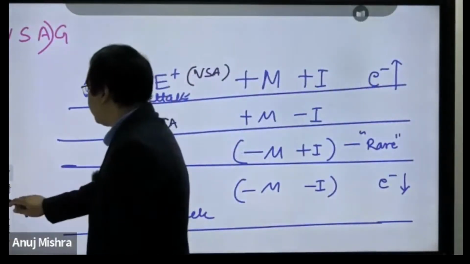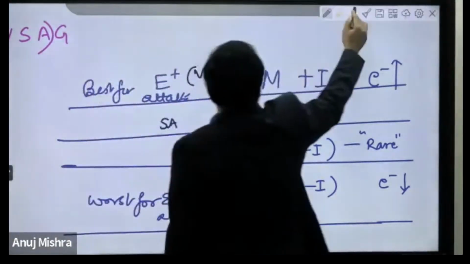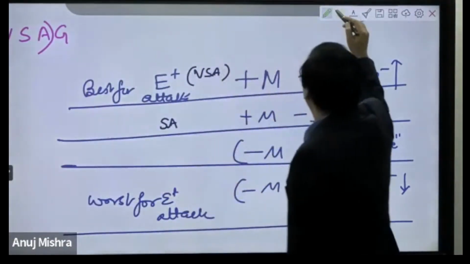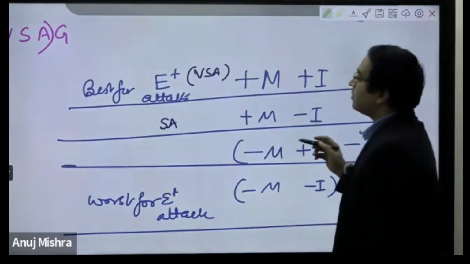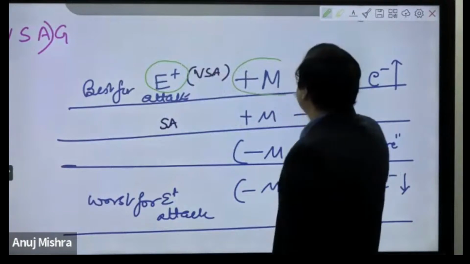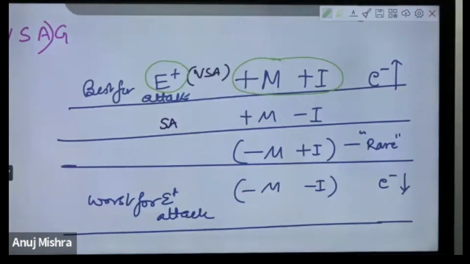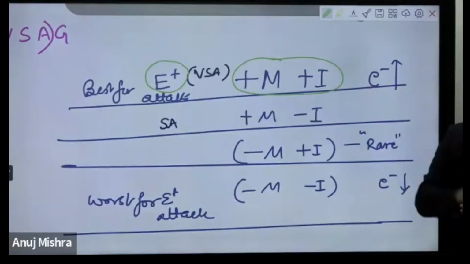What is the meaning of very strong activator? The meaning is simple: if you have a plus M plus I situation, then the ring is highly activated. The ring has lots of electrons and they can easily go and attack E plus.